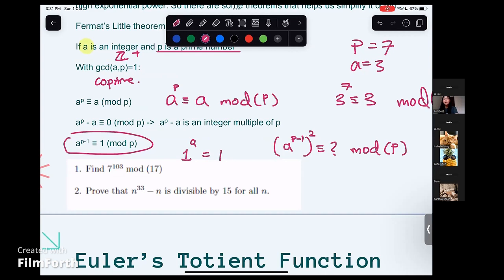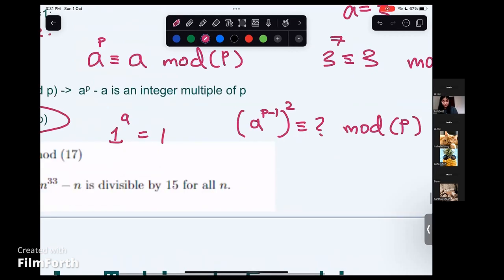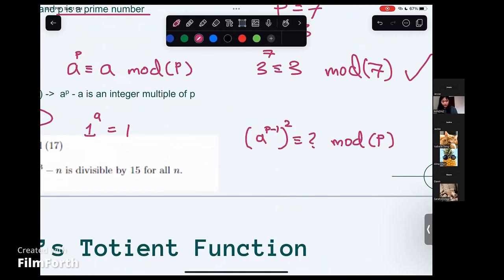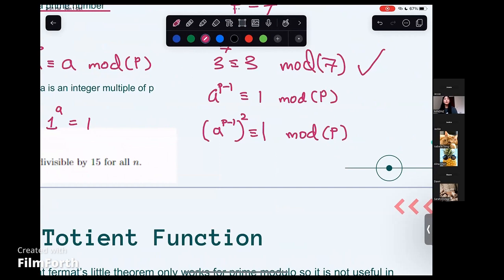So first we know a to the p minus 1 is congruent to 1 mod p. So what is the difference? Yeah, so if we actually squared all of this, it's still going to be equal to 1. And it doesn't matter if we squared it, cubed it, or took a higher power, it could be to the power of n, any power that's an actual number, it's still going to be congruent to 1.